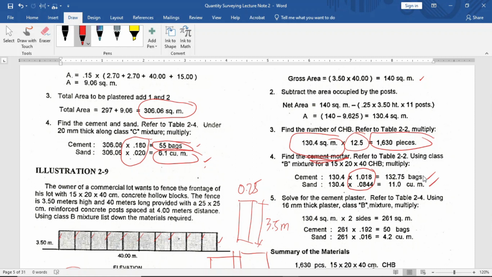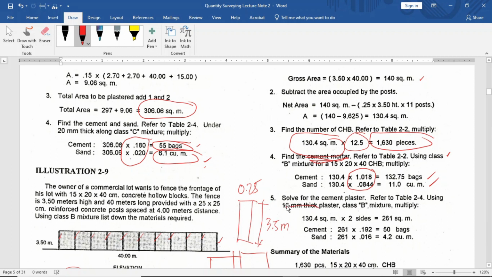So, ito, reminder lang, mortar pa lang to. So, how about naman sa plaster? So, sa plaster, refer to Table 2-4 naman tayo. 16 mm ang thickness ng plaster natin.